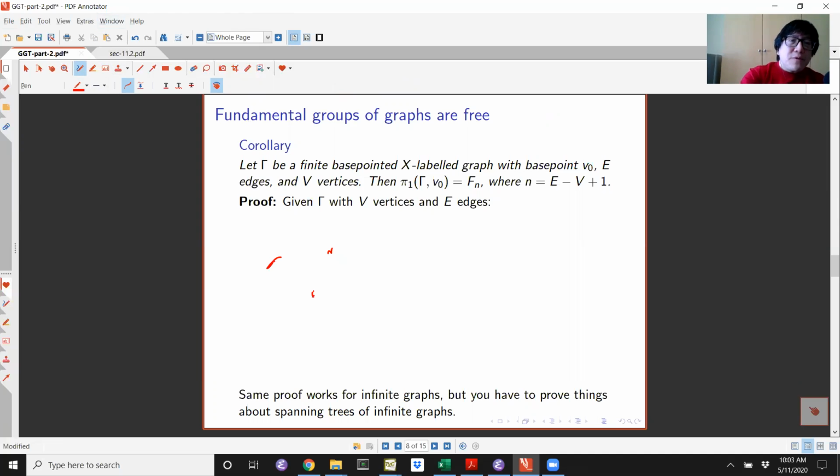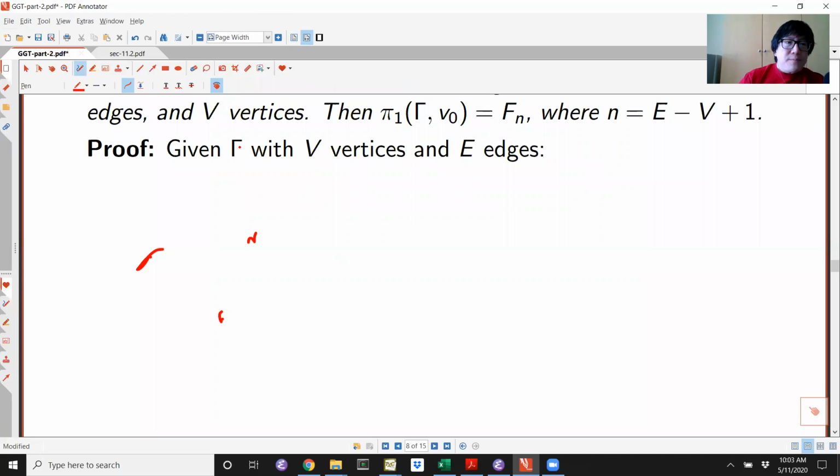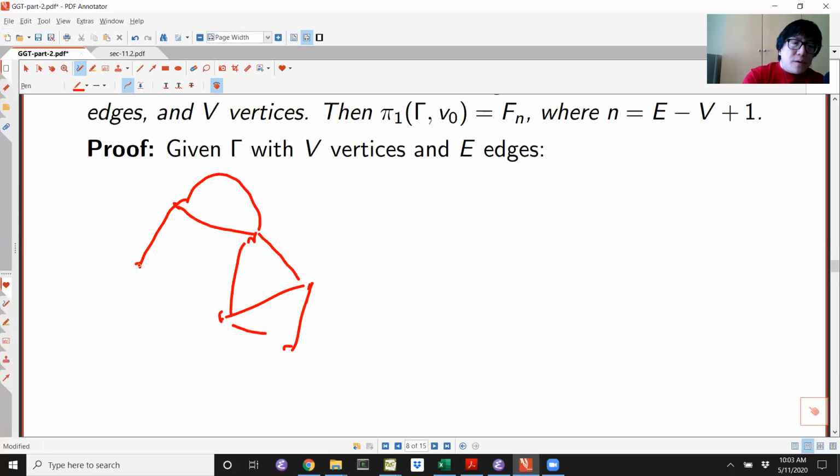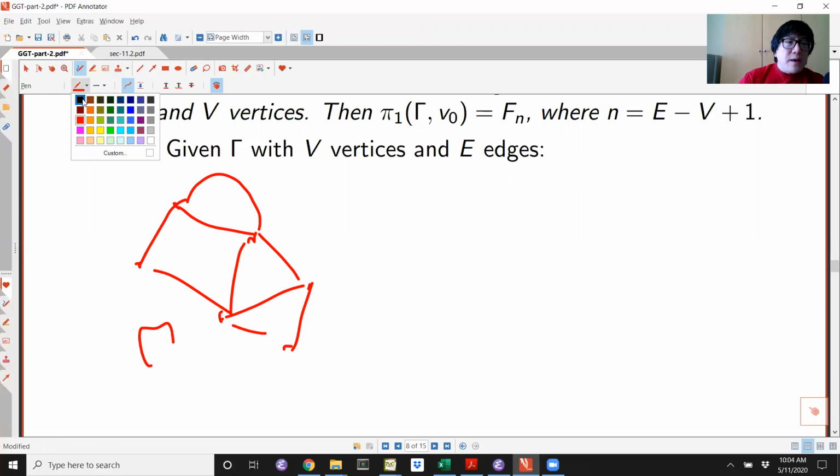Let me draw that a little better. If I have some random graph here, there's gamma, and then where can I find a tree in this thing?